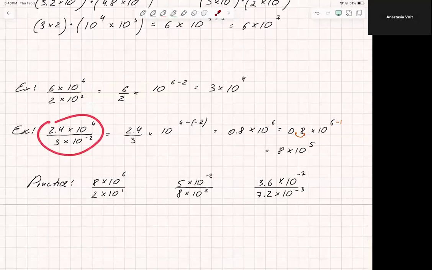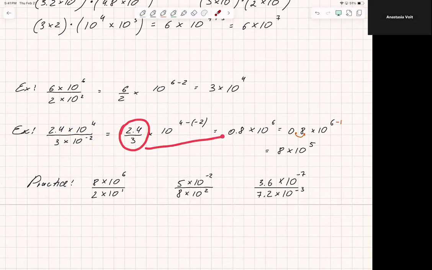Now the second example would be 2.4 times 10 to the fourth power divided by 3 times 10 to the negative second power. Again, we divide the numbers separately and the 10 to their powers separately. So 2.4 divided by 3, that's 0.8, and 10 to the power of 4 minus negative 2.